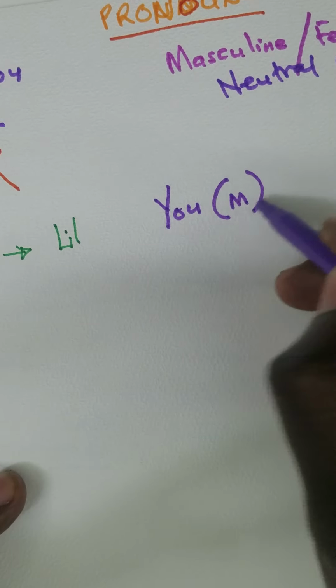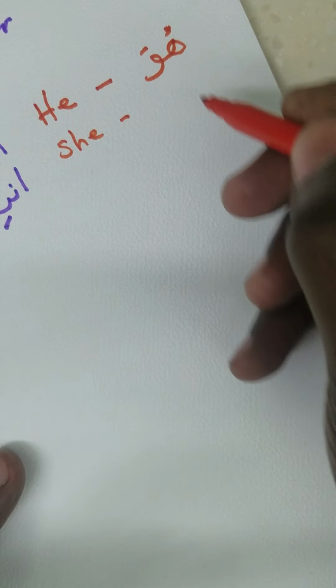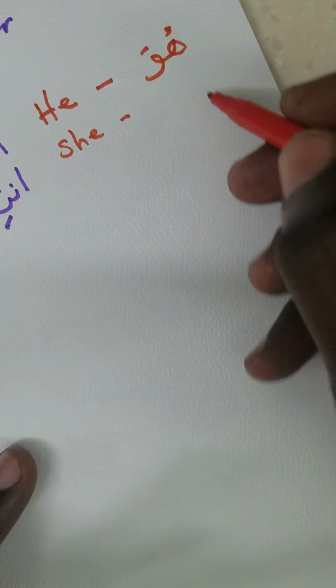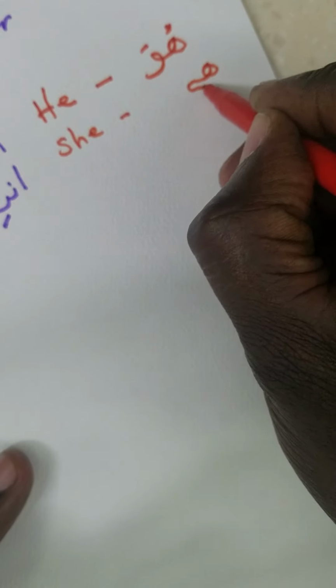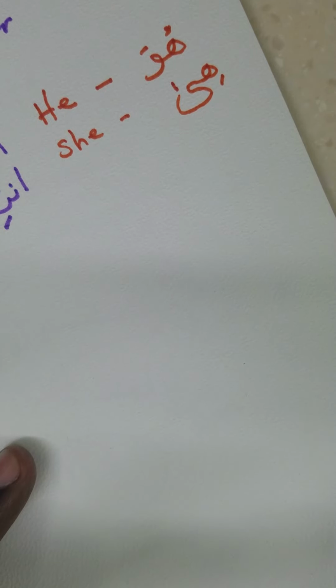So you just find me writing huwa without putting the dhamma or the kasra. Okay, so this is huwa. Then if it is a she, it is going to be hiya. Something like that. Hiya. Huwa, he, hiya, she. Now this is pretty easy.